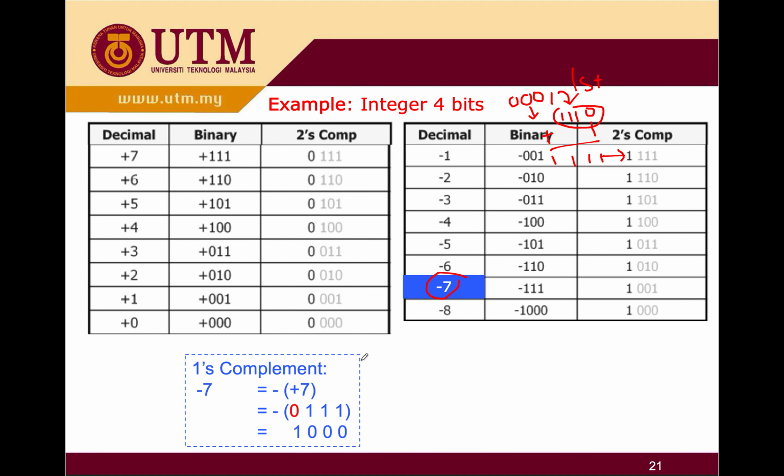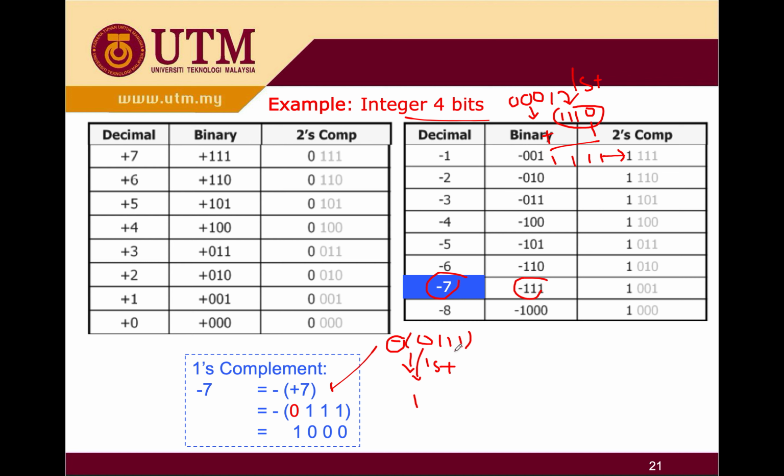So there is also an example on -7. First of all, because this is 4 bits, you need to add 0 in front: 0, 1, 1, 1, and this is a negative value. After that, because this is negative, you need to do the first complement method, which is if it is 0, you change it into 1.